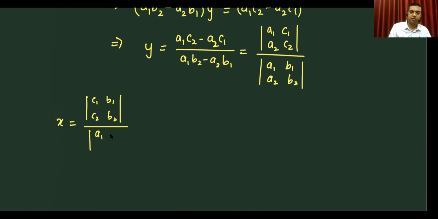Sir, could you say why we wrote y equals a1 c2 minus a2 c1 by a1 b2 minus a2 b1 as the determinant a1 a2 c1 c2 over the determinant a1 b1 a2 b2? The numerator is the determinant, a1 c2 minus a2 c1. Okay, the denominator. Yeah, got it, sir.